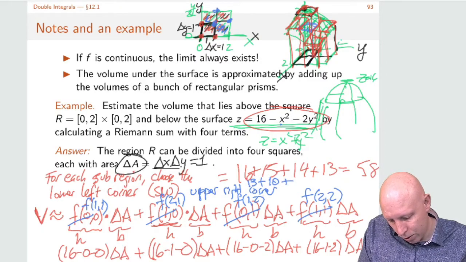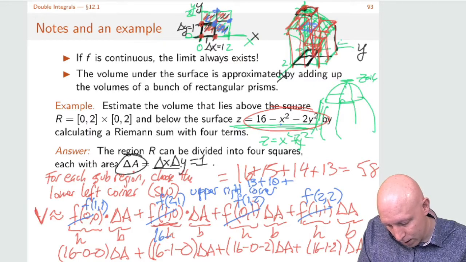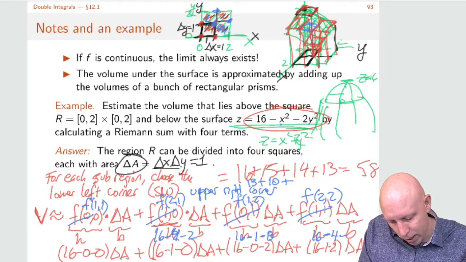So this is 16 minus 2 minus 2, 16 minus 4 minus 2, then we get 16 minus 1 minus 8, and then 16 minus 4 minus 8. So 16 minus 8 is 8, 7, and the last one 4, so a lower estimate would be 2034.